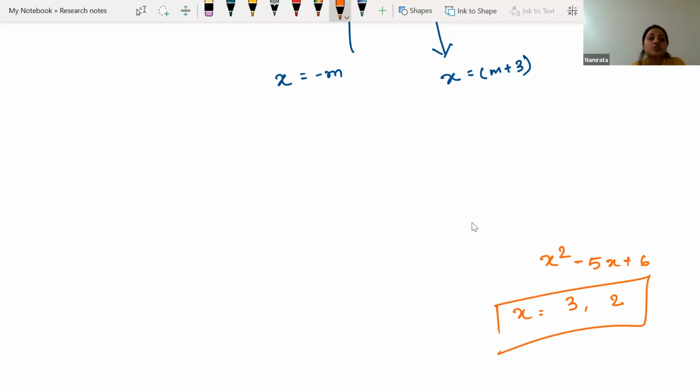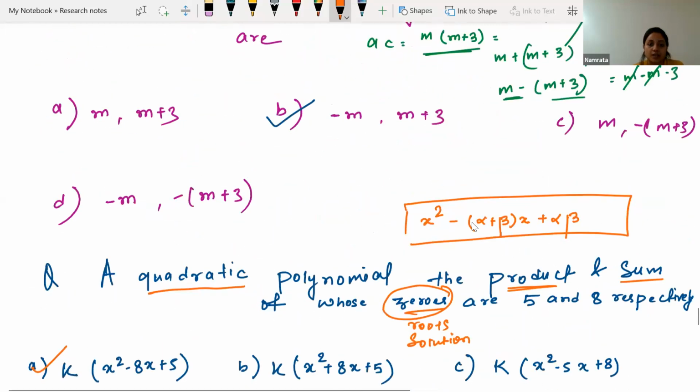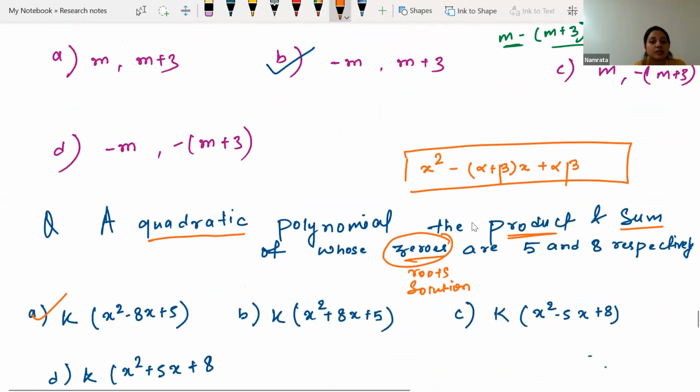These were the solutions of this equation. These are the zeros of this polynomial, we can say. So when the product and the sum of the zeros are given, product is 5 and sum is 8, this is the formula we have.